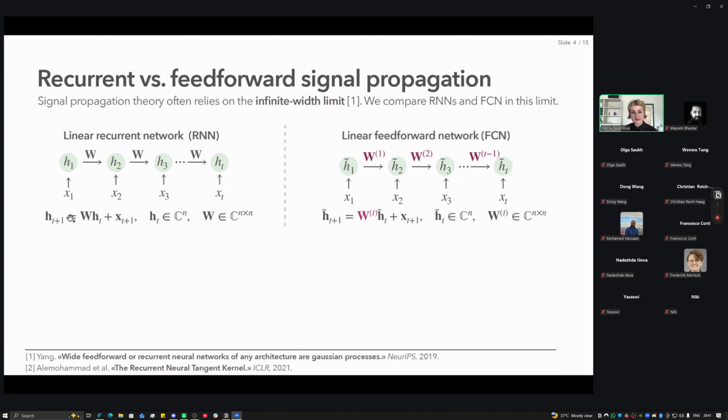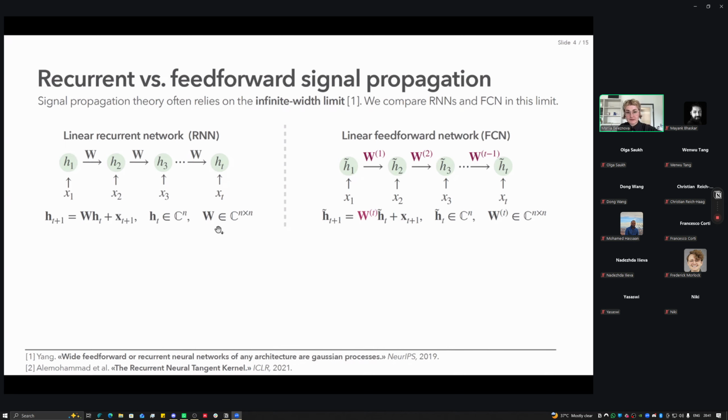The only difference is that now the updates are explicitly linear, and at every step, they are parameterized by the same weight matrix W. And on the right-hand side, we have a network of exactly the same structure, but instead of using the same matrix everywhere, we use different independent matrices across time steps. So to distinguish the feedforward model from the recurrent model, I put the tilde above the hidden state here.